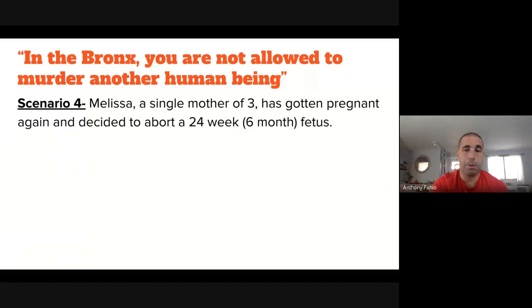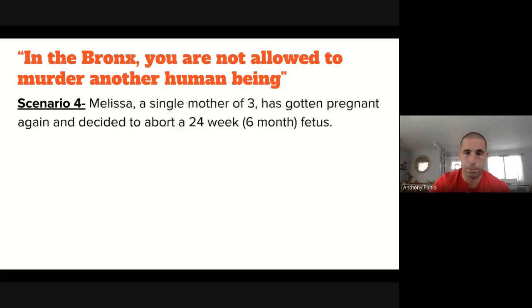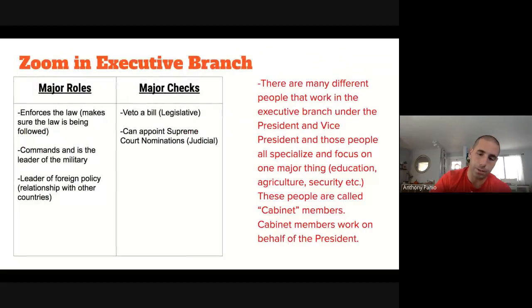Understood? But since a Supreme Court case, which is called Roe v. Wade, which you'll learn about, now Melissa won't get in trouble for this. We use the one here, the driving drunk thing. Richard may not have gotten as much trouble until the courts have stepped in and said a little bit more of a change. So the judicial branch, at this point, goes through a huge thing.